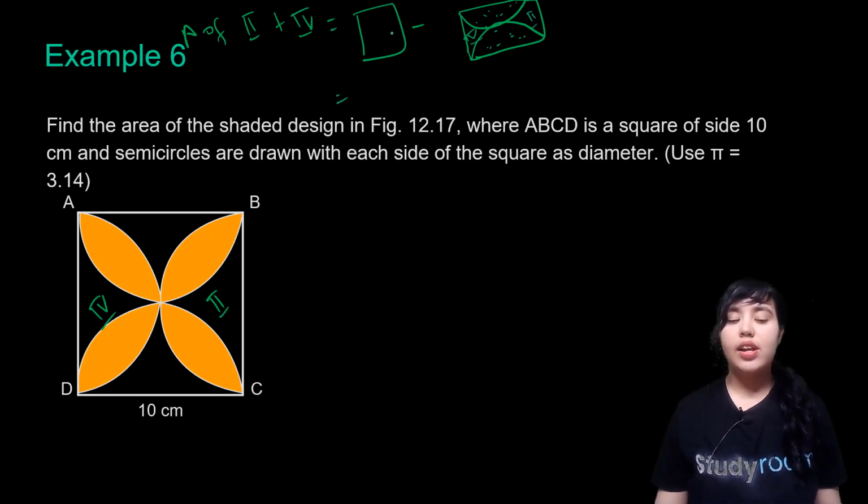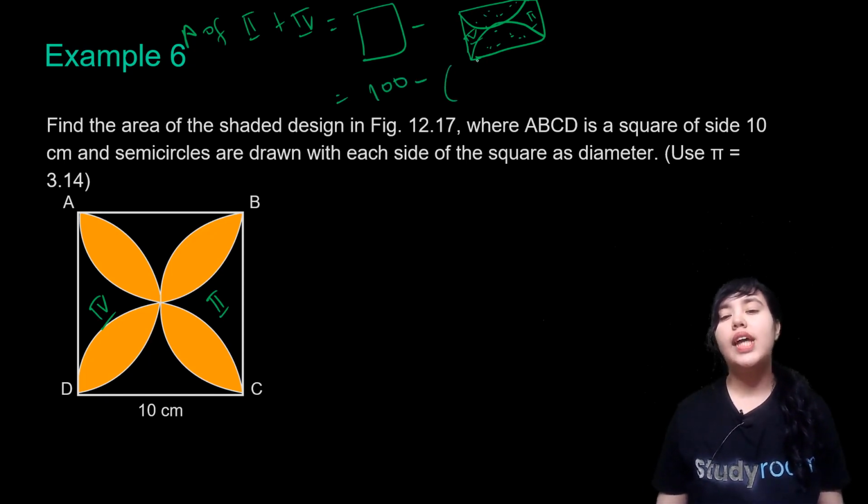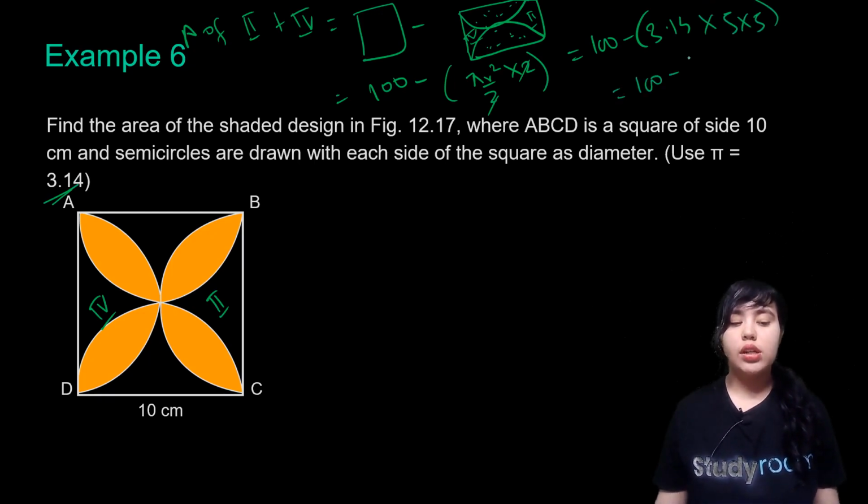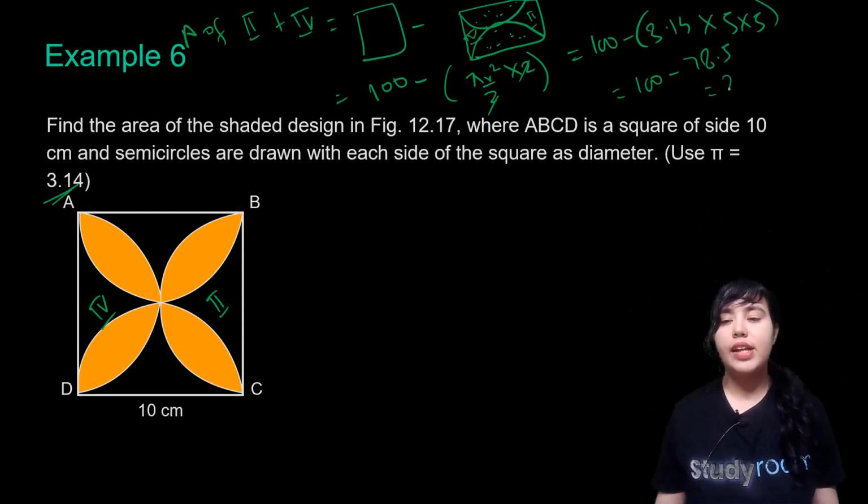So this area of square we've already found out as 100 minus, for the semicircles the area will be pi r square by 2, but because we have two semicircles, I'll multiply this by 2. So 2 cancels out, I get 100 minus, instead of pi you can use the value 3.14 as stated in the question, into r square, that was 5 into 5. When you solve this, you get 100 minus 78.5, that is 21.5 centimeter square.